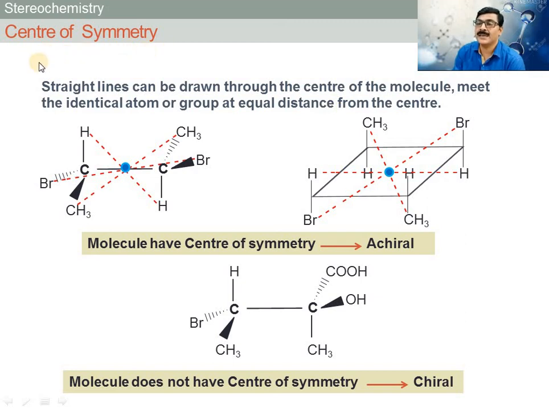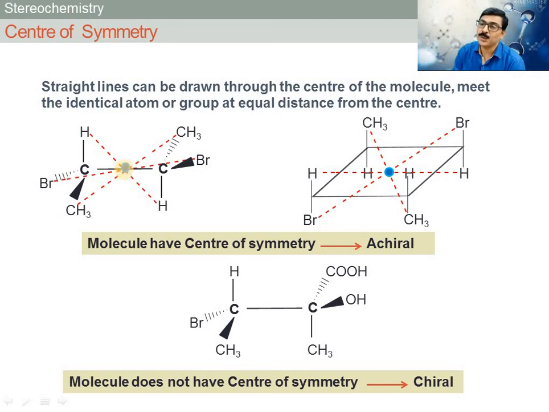Now let us see the first example. This is the center of the molecule, and if you draw the straight line, then two identical atoms, hydrogen and another hydrogen, are obtained equidistant from the center, then such a type of symmetry is center of symmetry.